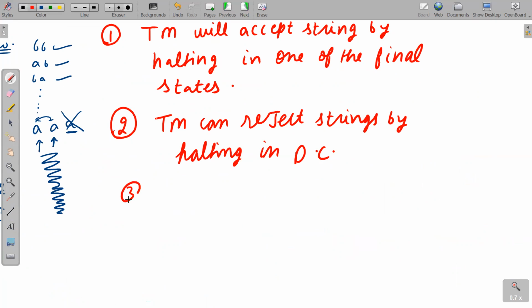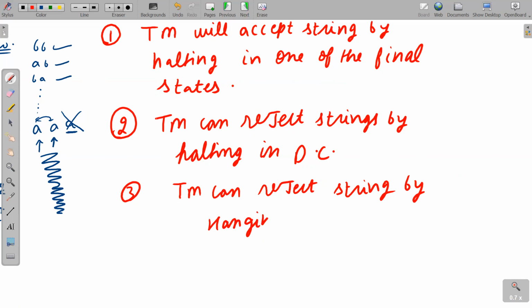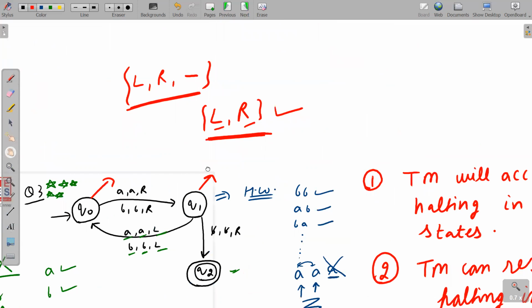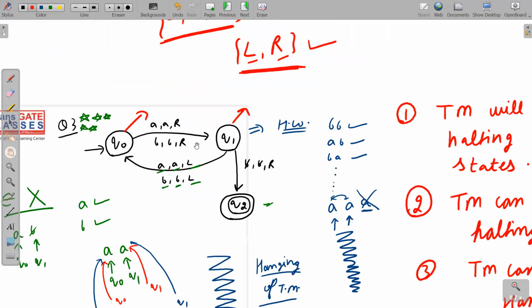Third point: a Turing machine can reject a string by hanging also. I have shown you clearly that a Turing machine may not halt. That means it can hang, and this is because the Turing machine has the choice of either moving left or right.